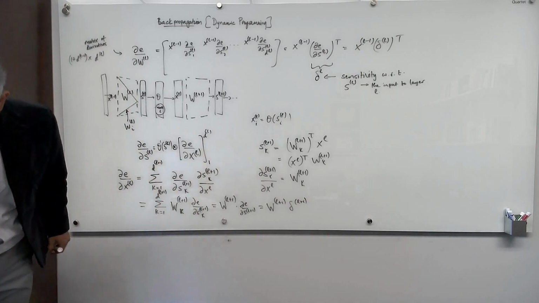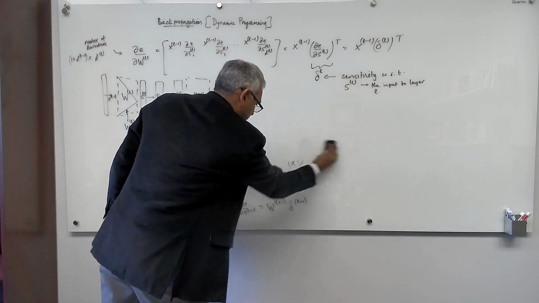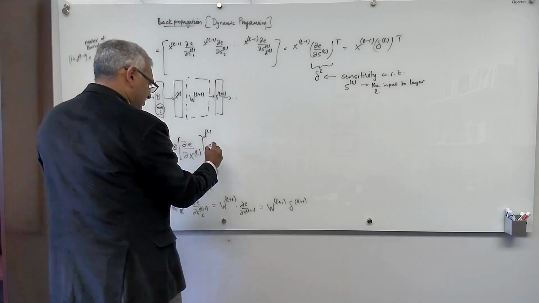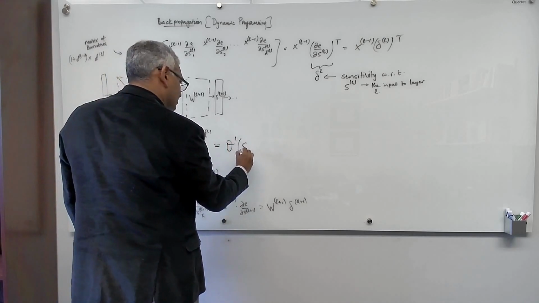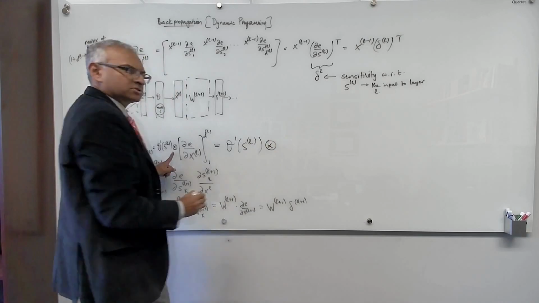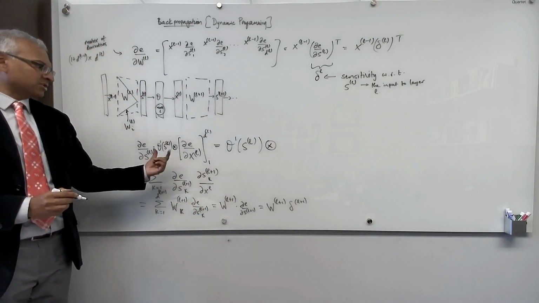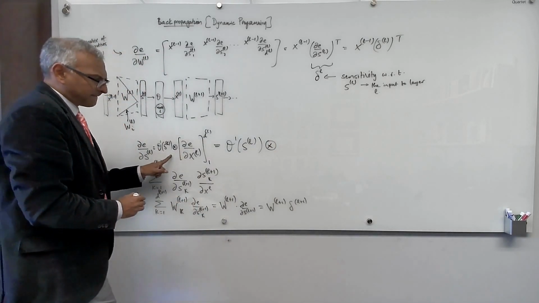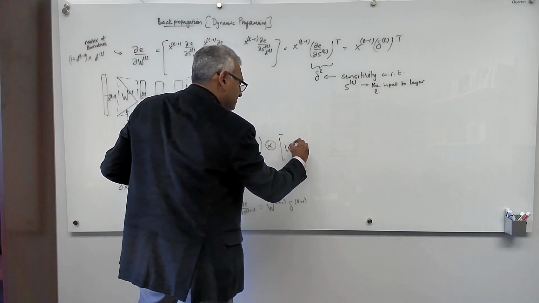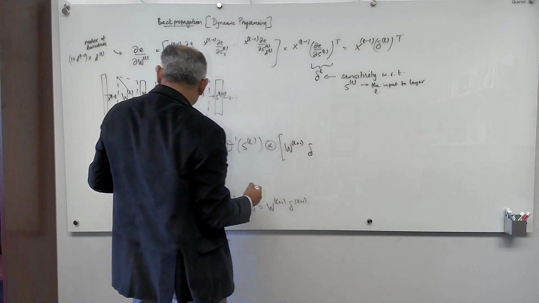Okay, so let me erase this and summarize. This is equal to theta prime of s_L, o-times, which is component by component multiplication for vectors, W_{L+1} times the sensitivity.